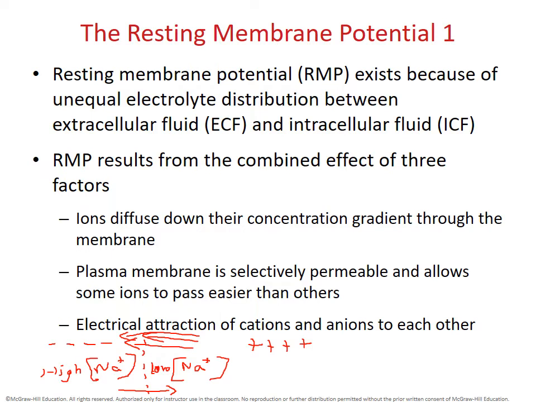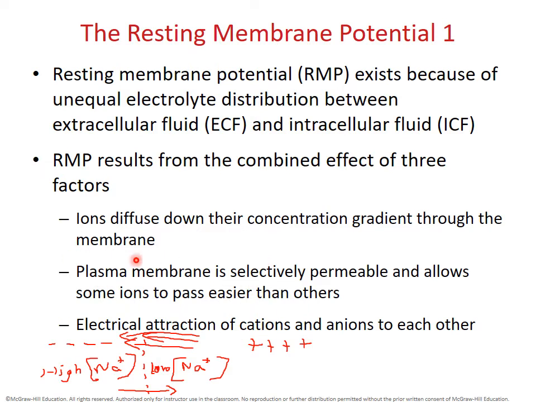The other thing to consider in all this is that the plasma membrane, the cell membrane, is not equally permeable to all ions. The plasma membrane is more permeable to some ions than to others. And so we're not going to be able to get a nice flow of ions balancing each other out electrically, because the membrane is more permeable to certain positive ones, perhaps less permeable to other negative ones.